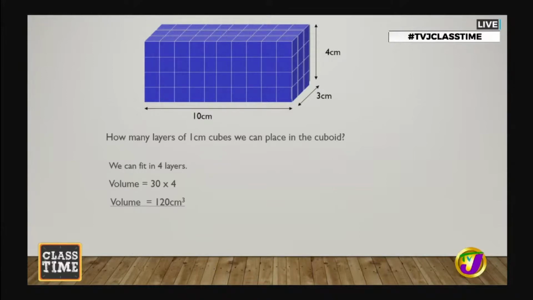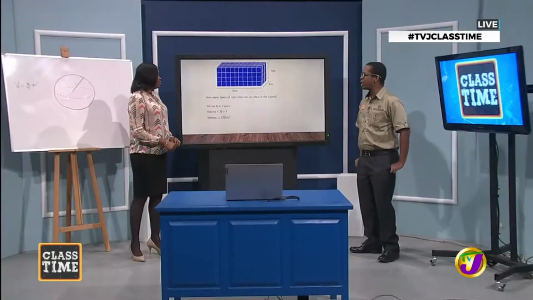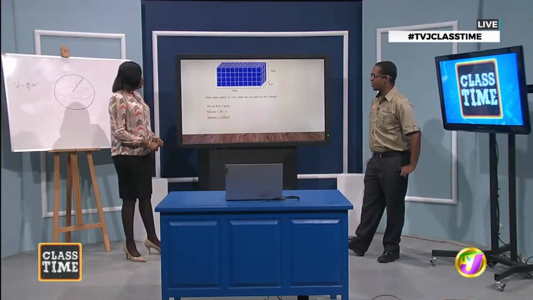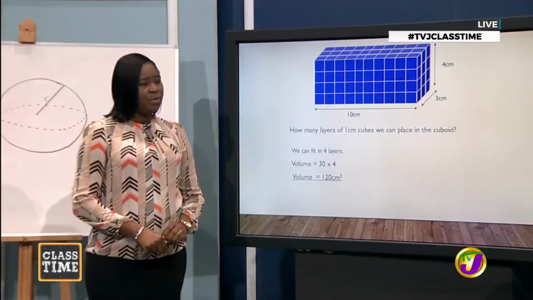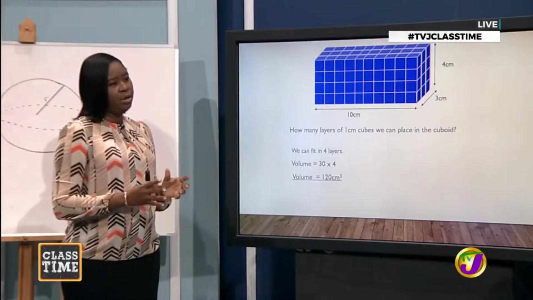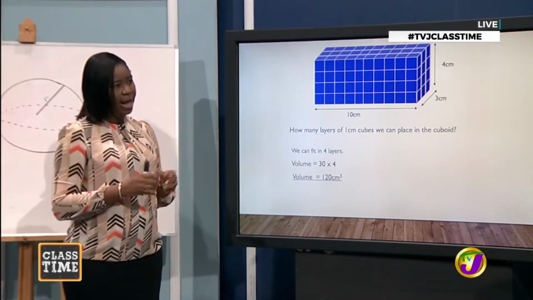A quick question, Nikisha. I realize that you're saying cubic centimeters and not centimeter cube, but that's what I hear a lot of people saying. So why would it be cubic centimeters and not centimeter cube? Remember when we just started out, we talked about the cubic centimeter cube that we had.